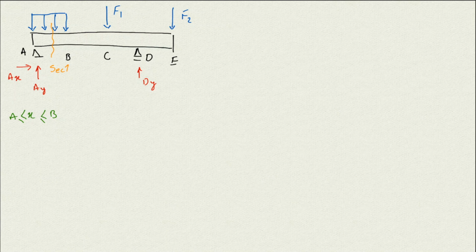For that section where X is between A and B, I can draw that section and put the force on that. This is the section I have, between A and B. So we have A, and for that section we have AX, we have AY, and then we have the distributed load on top of that.